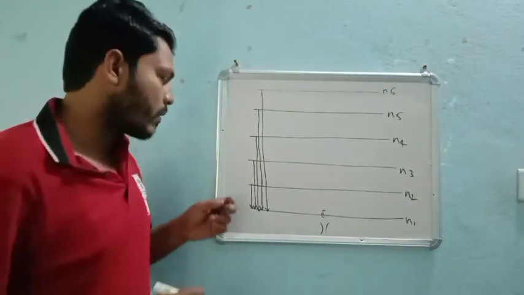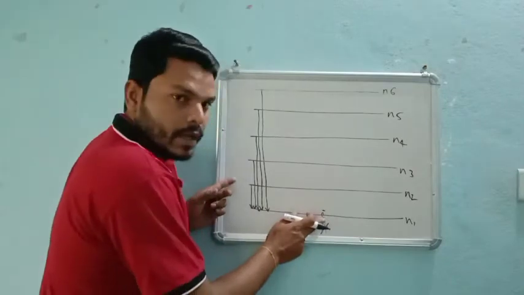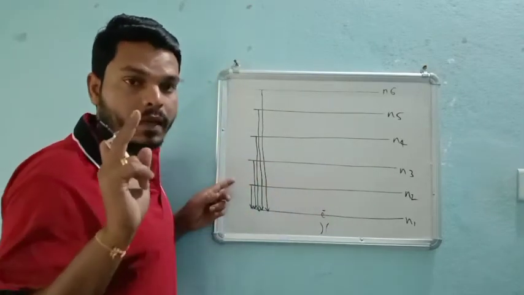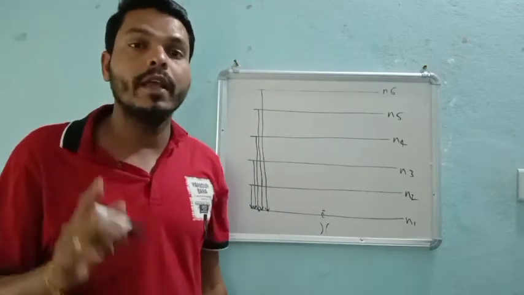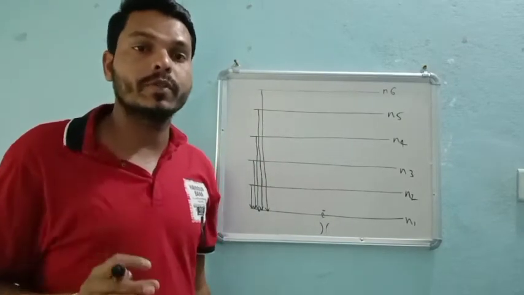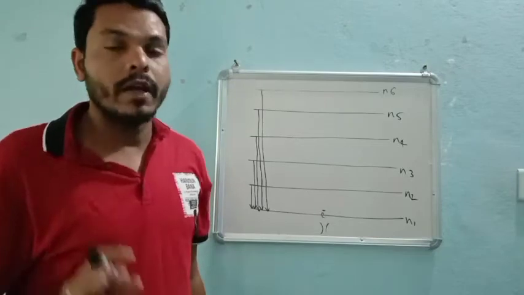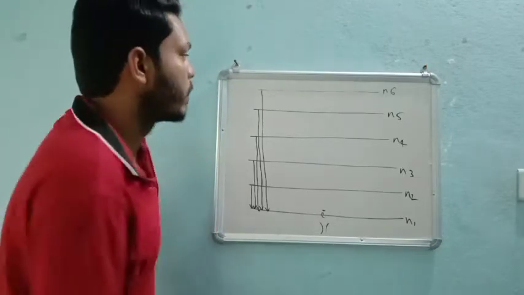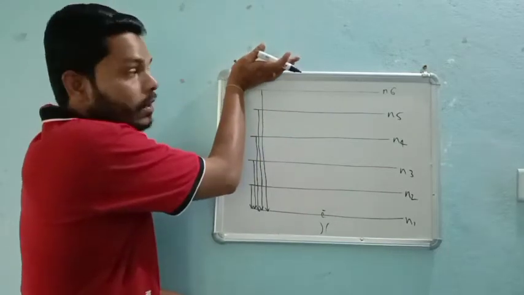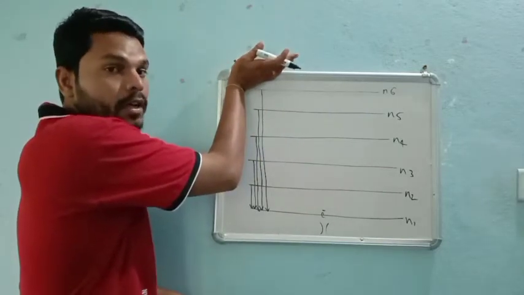The excited state level depends totally on the absorption of energy by the electron. If it has absorbed more energy, it might go up to the last excited state, that is the sixth level.